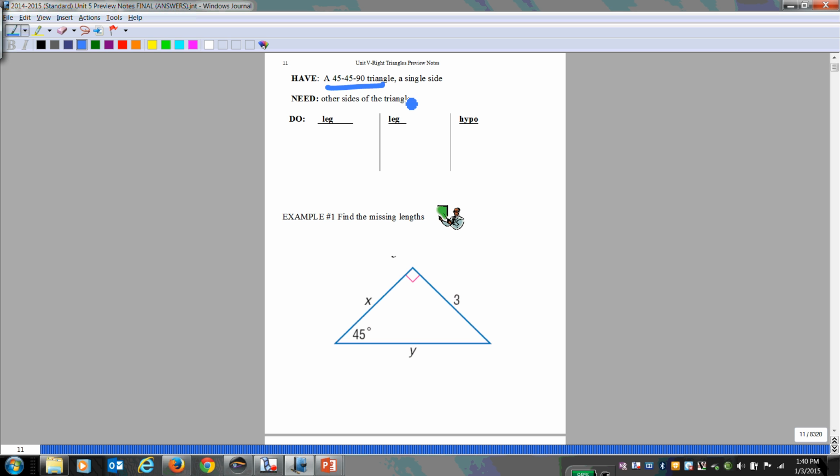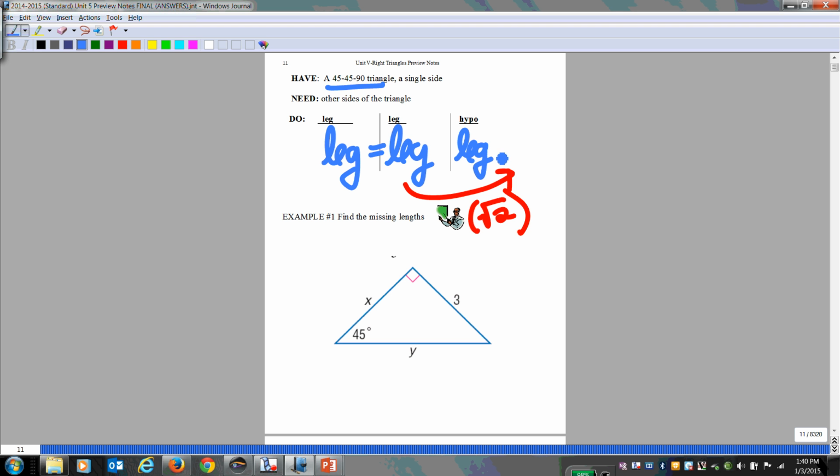In a 45, 45, 90 triangle, and this only works in a 45, 45, 90: 1, the legs will always be equal, because if you have two equal angles, you have two equal sides. 2, the hypo is whatever the leg is times the square root of 2.